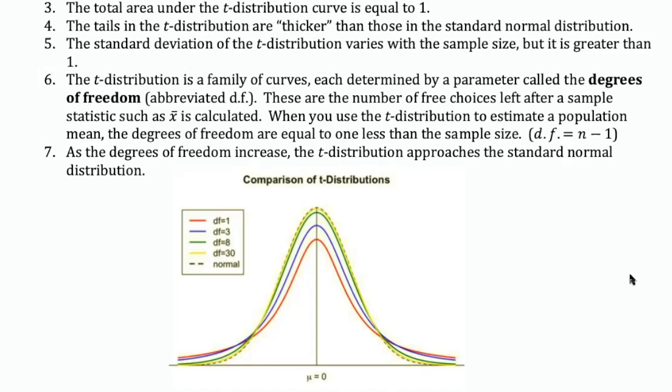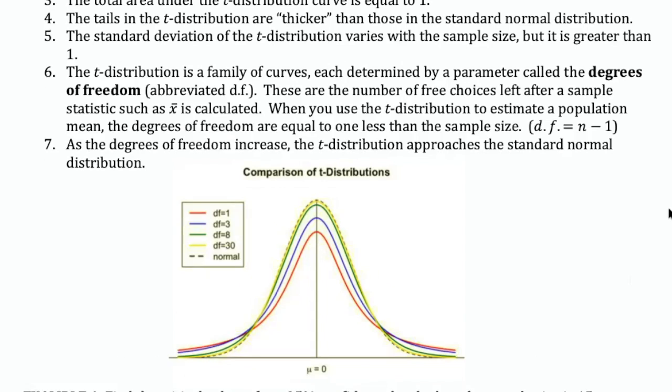That person no longer has a choice. That's the same idea here, that the degrees of freedom will be 1 less than the sample size. As the degrees of freedom increase, the t-distribution becomes closer and closer to the standard normal. Generally speaking, larger sample sizes are better and will, again, more closely approximate a standard normal distribution.